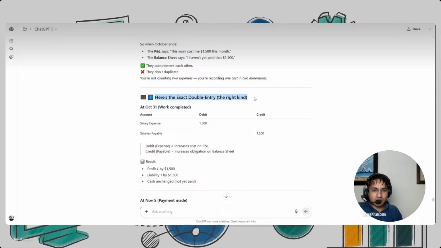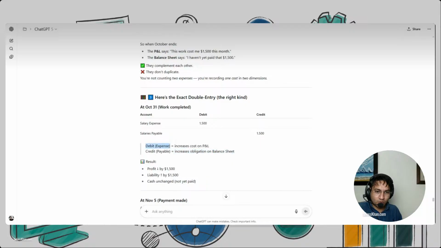Here's the exact double entry, the right kind of equilibrium. For salary expense, we record a debit, and for salary payable, a credit. Debit: expense increases, increasing cost and obligation.